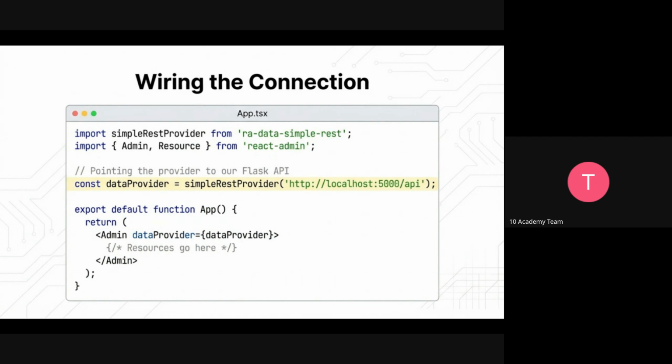For example, you can see in the admin, it says dataProvider equals dataProvider, which is specified at the top. The resources you are going to be building, for example the list, create, and edit resources, will be written within the admin component.